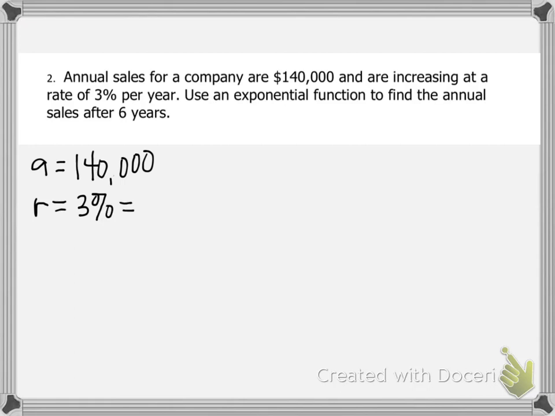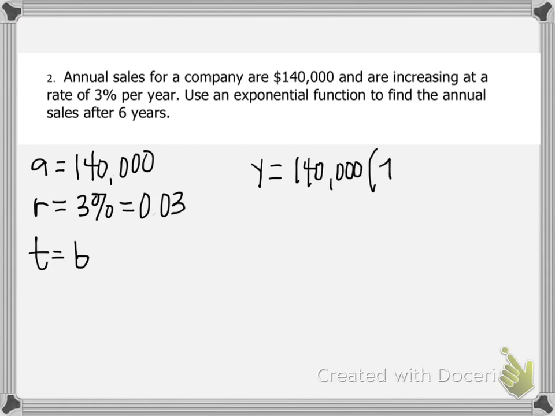Remember, we can't use 3%, so we're going to plug in the decimal. Use an exponential function to find the annual sales after 6 years. So, our formula will be 140,000 times 1 plus 0.03, and then that's going to be raised to the 6th power.